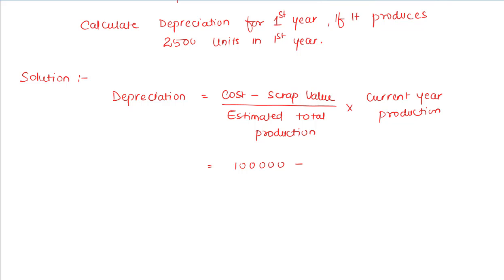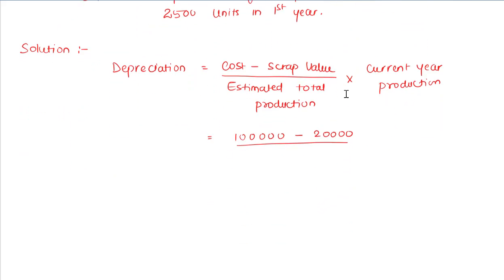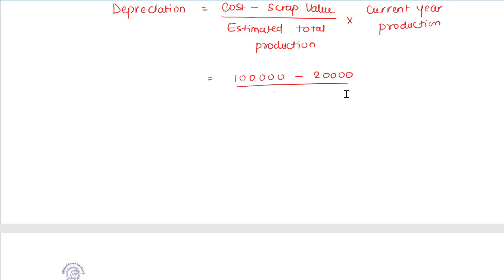The scrap value is 20,000. The estimated total production is 10,000 units, as given in the question, so we write 10,000 over here. And in the first year, we have used the machinery for 2,500 units.